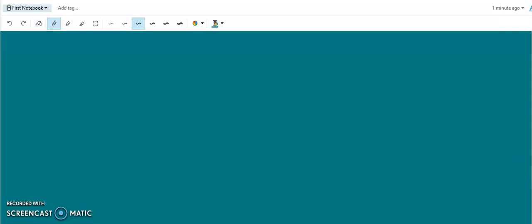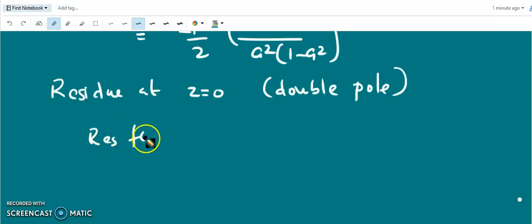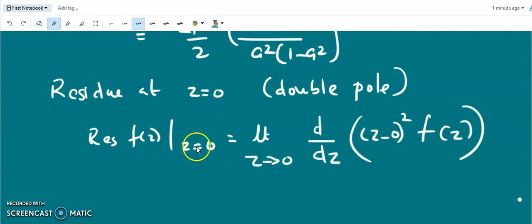So now we have to find out the residue at z equal to 0. z equal to 0 is a double pole. The residue of f of z at z equal to 0 as a double pole can be calculated as the limit z goes to 0 of d by dz of (z minus 0) whole square into f of z.